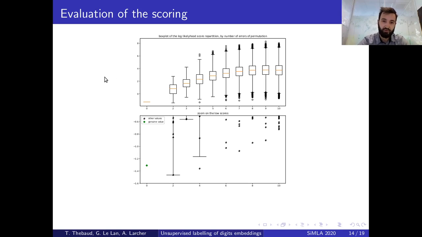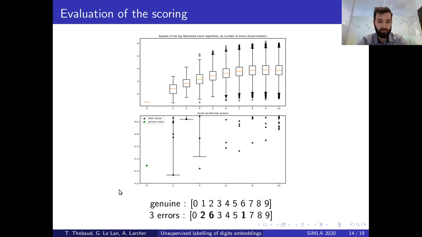And here is the box plot of the different scores by the number of errors of every permutation. For example, the genuine one is at 0 error because the 0 cluster is associated to the 0 class of L, the 9 cluster of U is associated to the 9 class of L. If we look at the permutation with 3 errors, there will just be 3 exchanges between the associations.